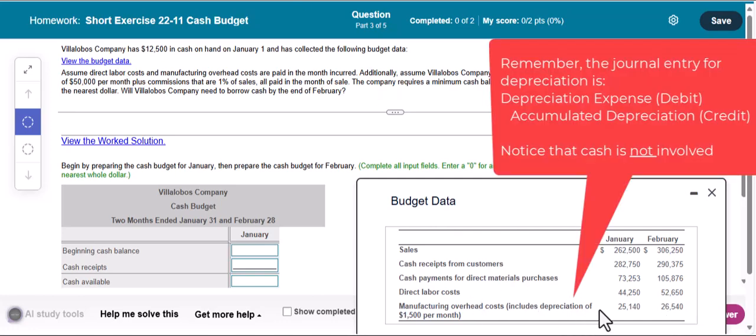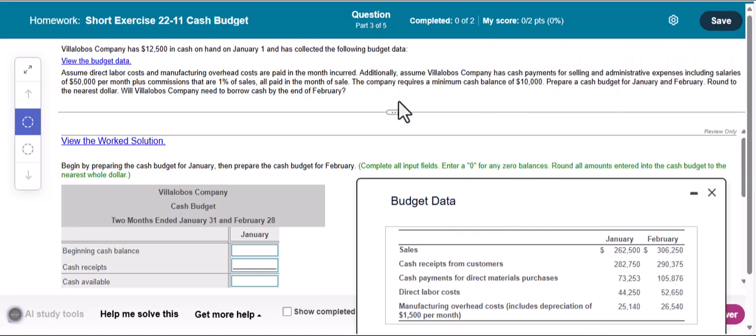However, again, I need to repeat that that does not include the depreciation, since there's no cash involved in the depreciation. But because this is included in the manufacturing overhead costs, to calculate the amount of cash that actually changed hands, we'll have to back that depreciation out of the manufacturing overhead costs.